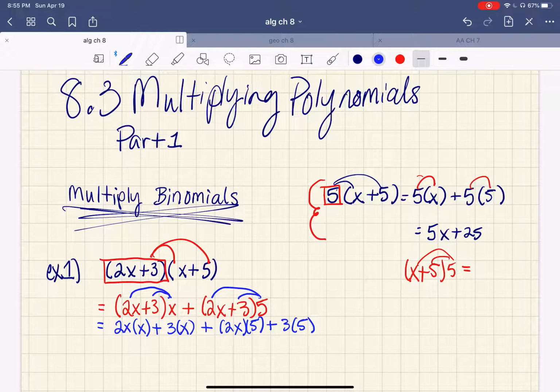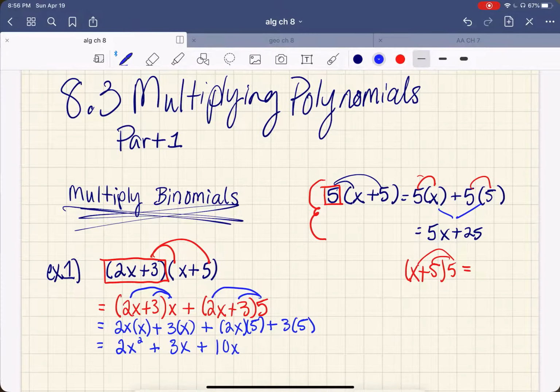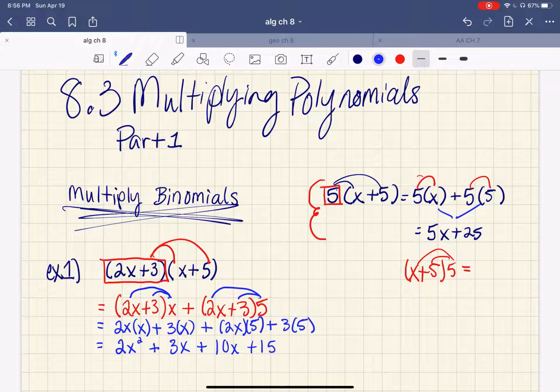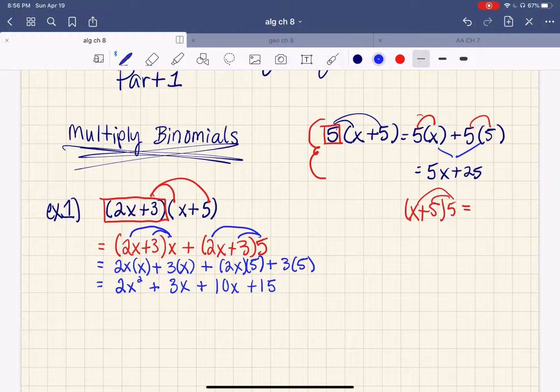So I've written out my distributive property again. I'm almost done simplifying it. Now it's going to be much easier for me to get to that most simplified step. So I have 2x squared plus 3x plus 2x times 5 is 10x plus 15. Okay, beautiful. This is really coming together.